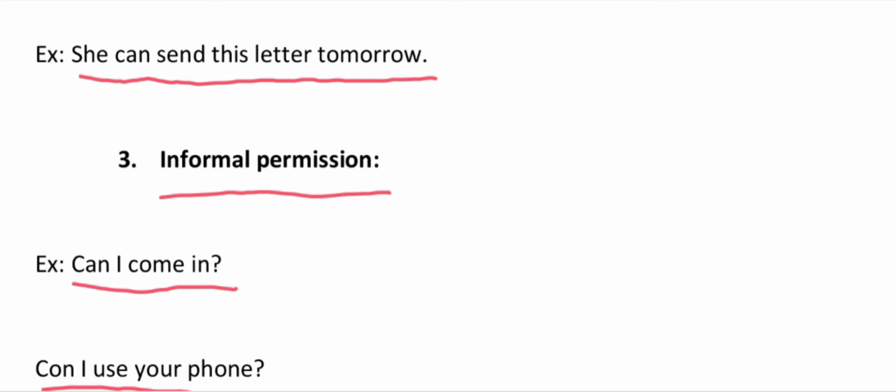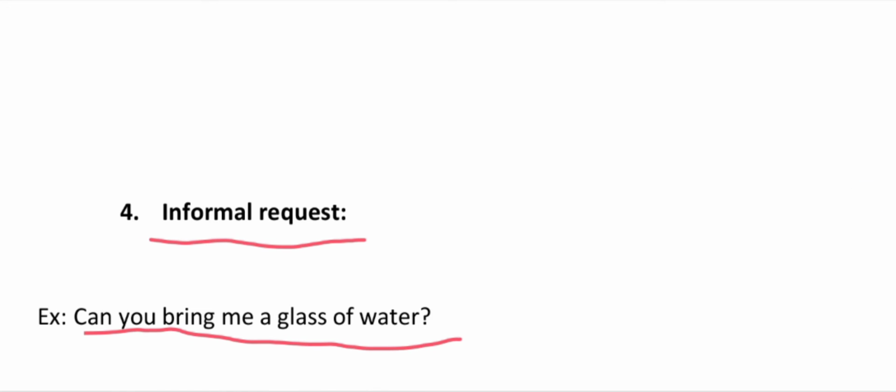If you want to seek someone's permission, then we can use can for informal permission. And the fourth one was informal request. So can be also used as informal request, but these usages were for can as a modal auxiliary verb, not as a main verb. We will study can as a main verb later, but here can is used for these four aims and purposes as a modal auxiliary verb.